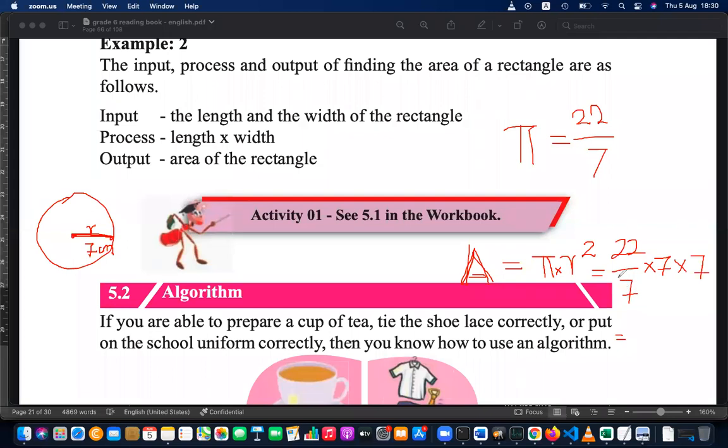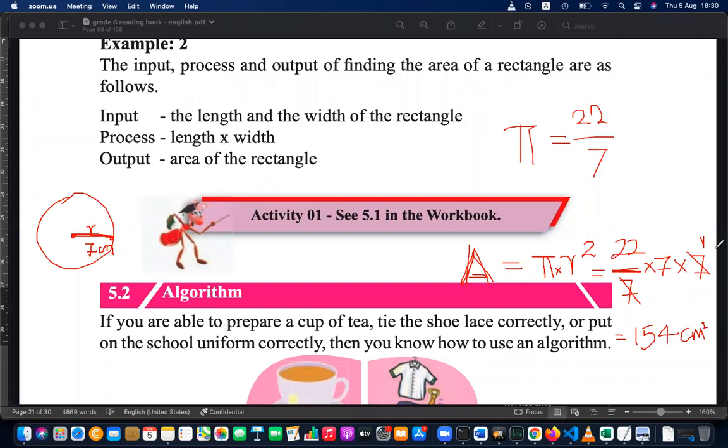You can cut this 7 and this 7, because this 7 is under the line, and you can put 1 here. So this is 7 into 22. 7 into 2 is 14, 1 remainder. 7 into 2 is 14 plus 1, 15. So the area is 154 square centimeters.